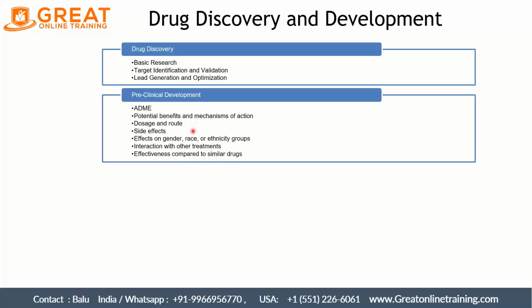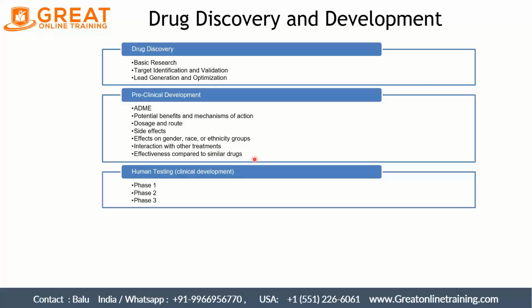So once the researchers have this information, they will submit a request to the regulatory authorities to conduct trials on humans. Based on the toxicity and efficacy information, the regulatory authorities will approve conducting the trials on humans. That is when the clinical trials will start.